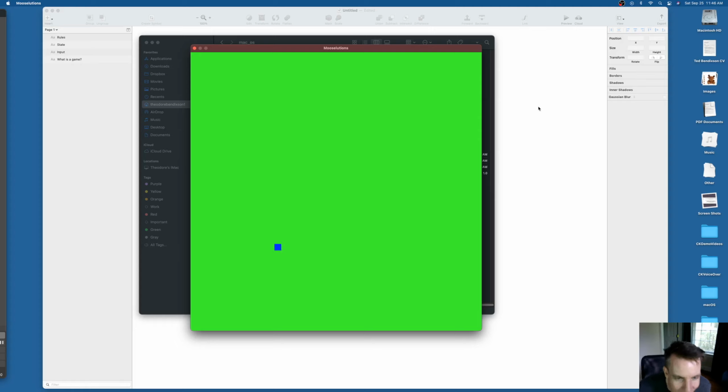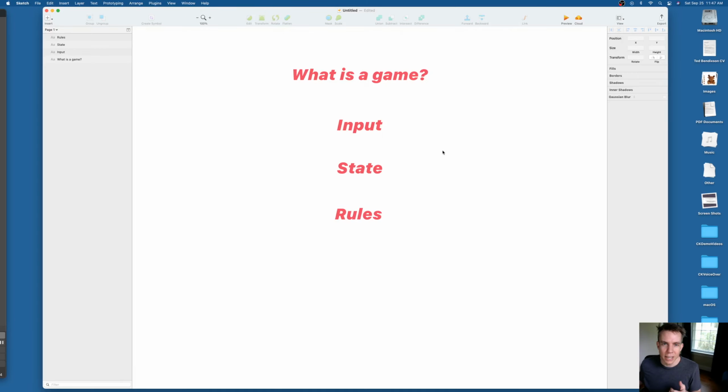Now, what can you do with this? Well, there's a lot you can do. The more interesting thing, I think, is that right now this is not a game, right? I would be inclined to put it more in the category of a simulation or an animation, and the reason is because it's got everything except for the input.